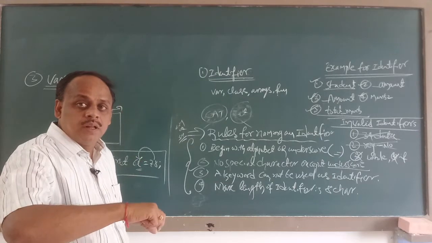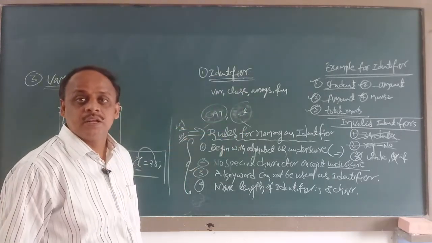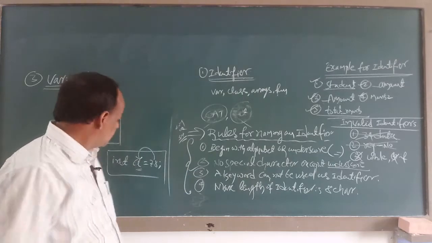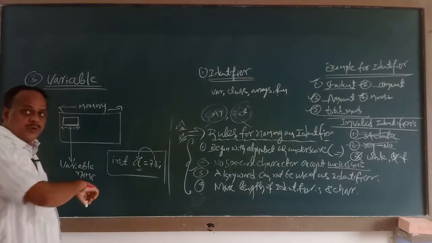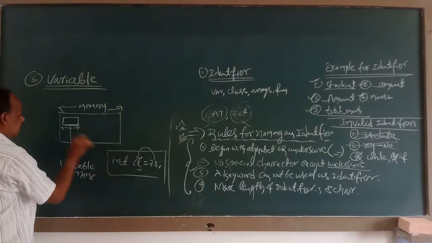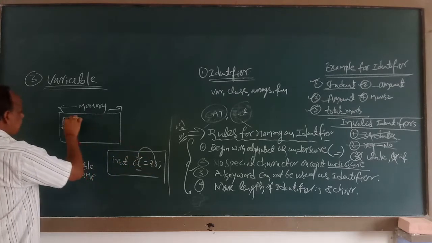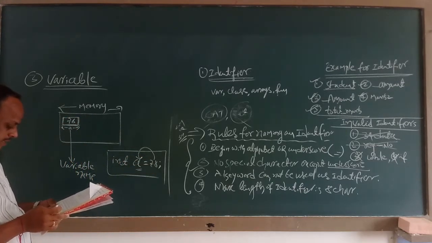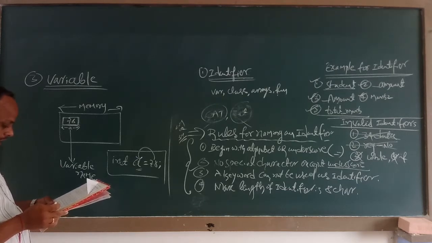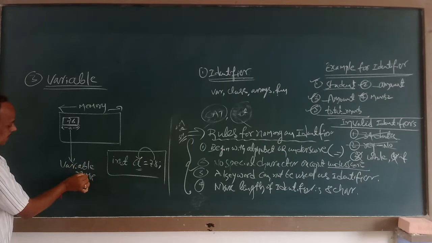A variable is a name given to a memory location to store a value. Now I am assigning 78 to a, so in the computer one memory location is allocated for a, and there this 78 is going to be stored, right? So here a is nothing but the variable name.